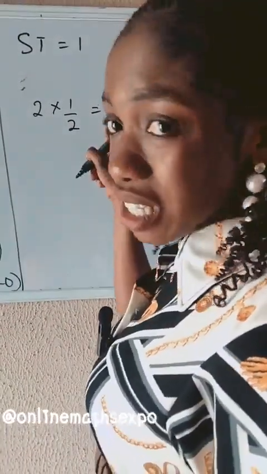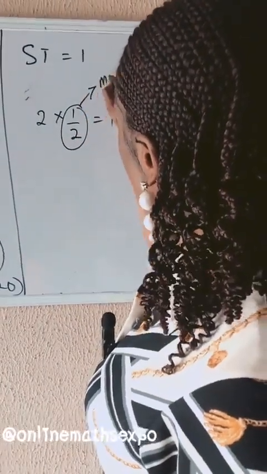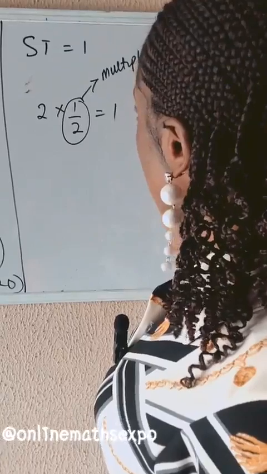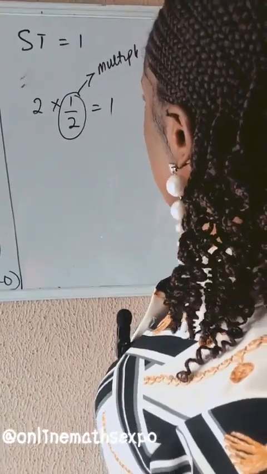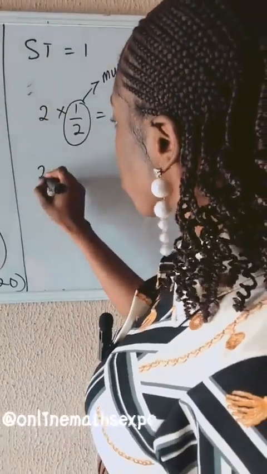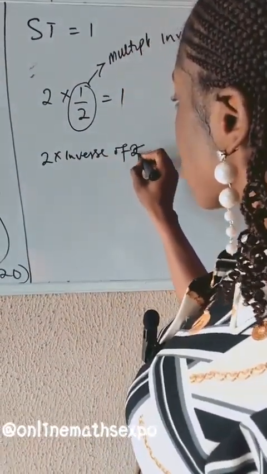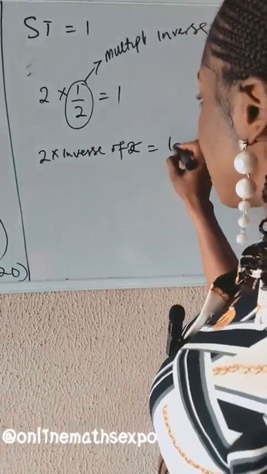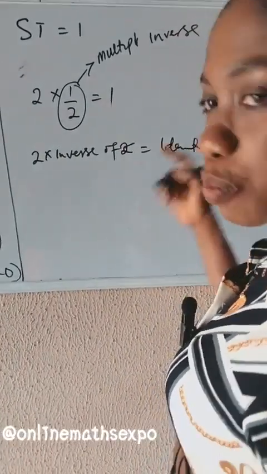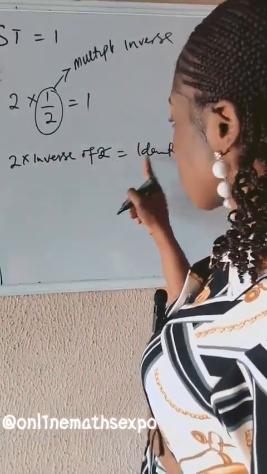This one is an identity. Now this half is what we call a multiplicative inverse. It's an inverse. Now this 2 is the real number. So when you multiply 2 by inverse of 2, it gives me what? Identity. I hope what we explained is clear.